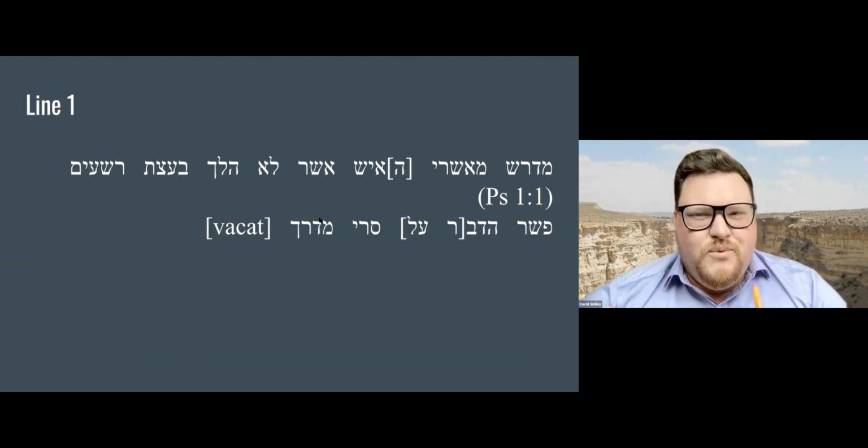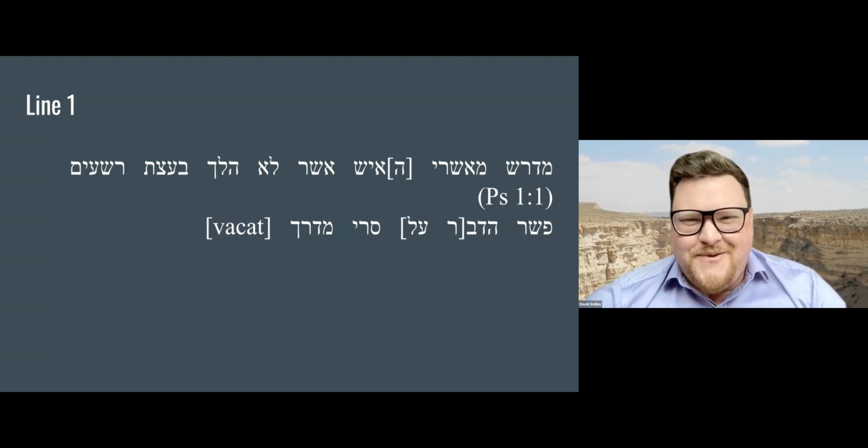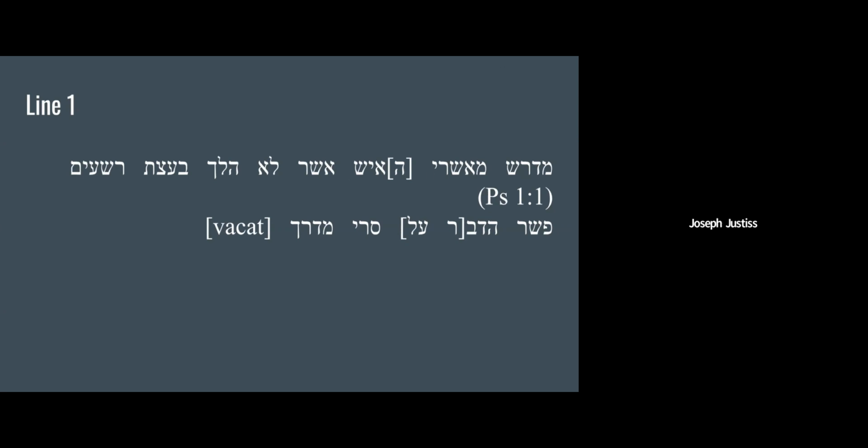Does anyone want to read it out loud without its vowels? I'll do it. Midrash me'ashrei ha'ish asher lo halach be'atzat reshaim pesher hadavar al sarei miderech. Perfect. That's great.